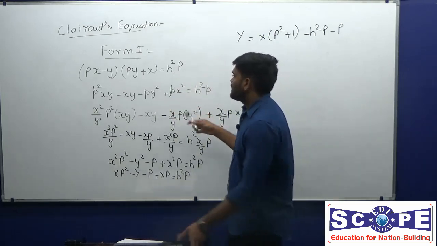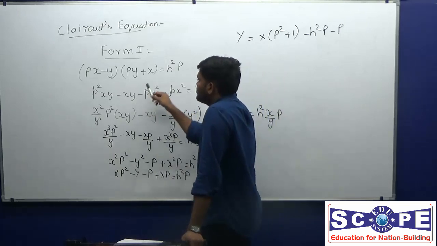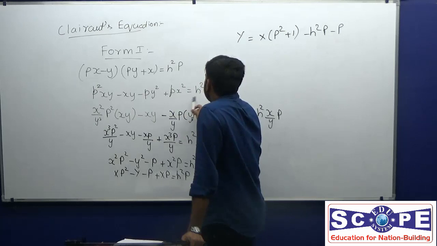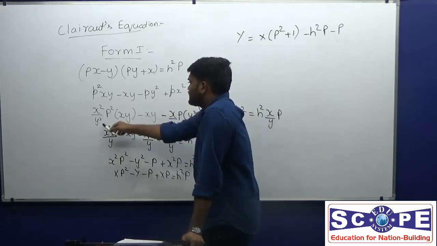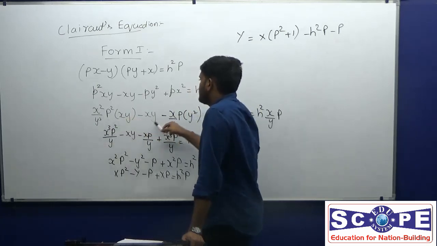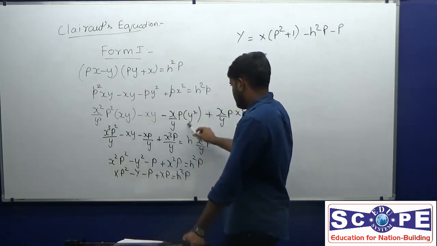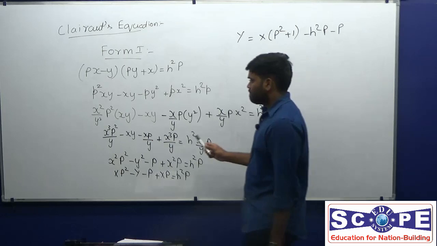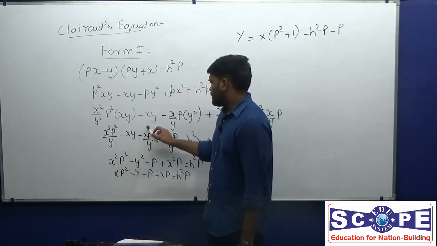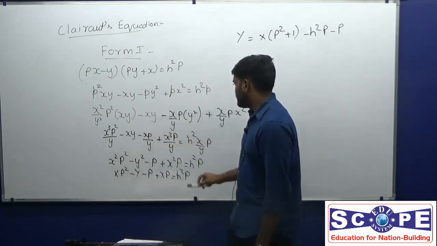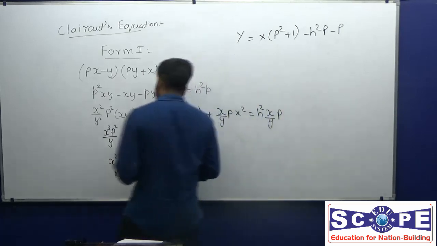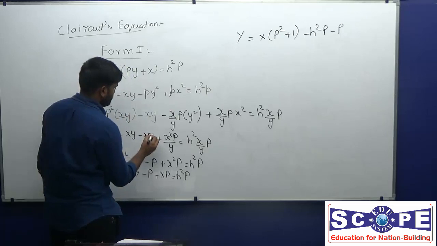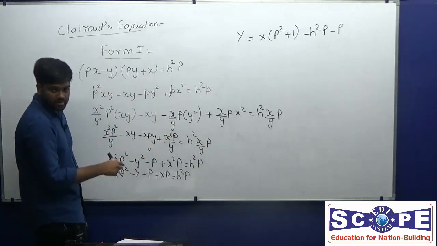Px minus y, p square xy minus xy minus py square plus px square equal to h square p is x square by y square p square into xy minus xy minus xy by yp plus x cube p square by y minus xy minus xp by y. Okay, I think it is xp into y, right? This one.